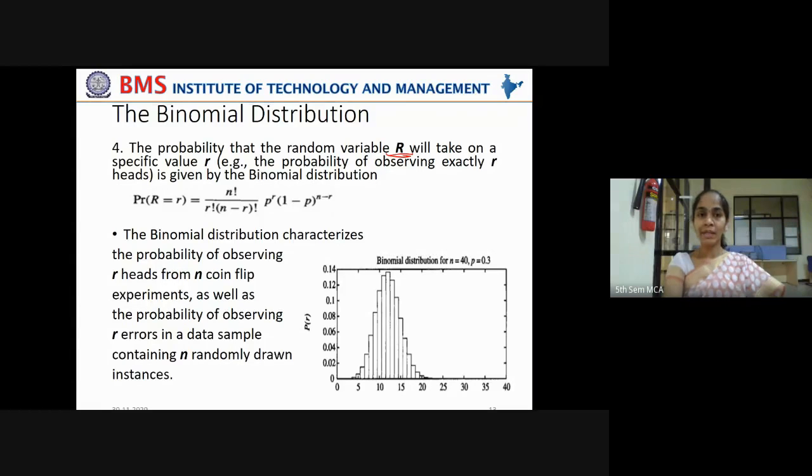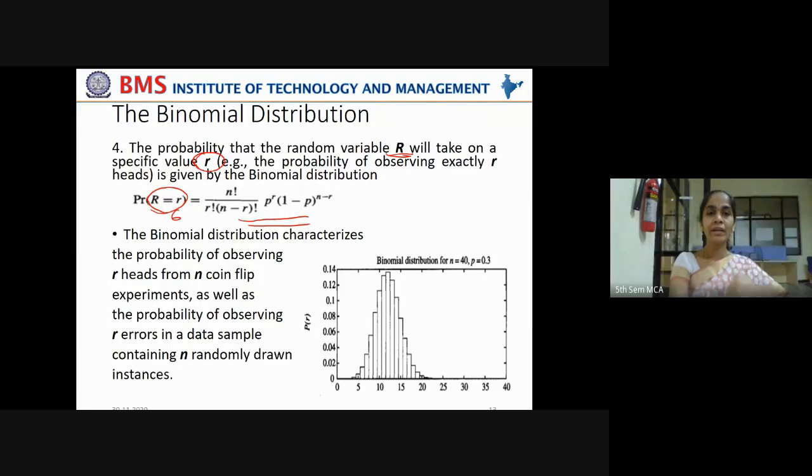The probability that the random variable R will take on a specific value, whether it is 4 heads or 5 heads or 6 heads. What is the probability of 8 heads out of 10 coin tosses? It is given by the binomial distribution P of R.